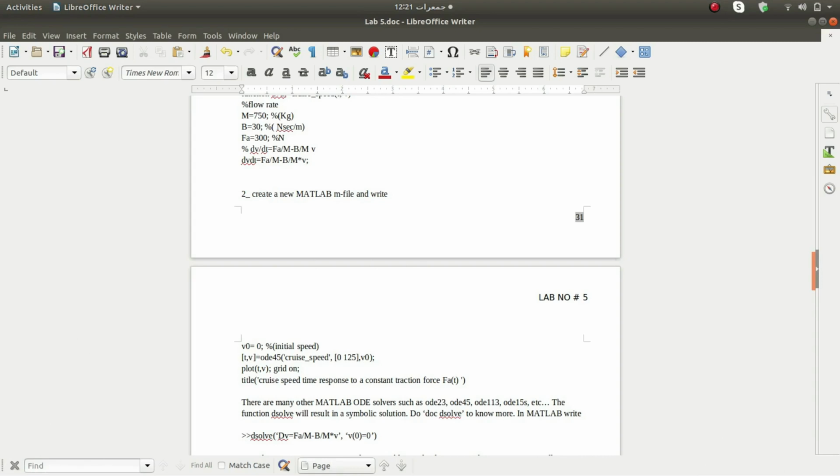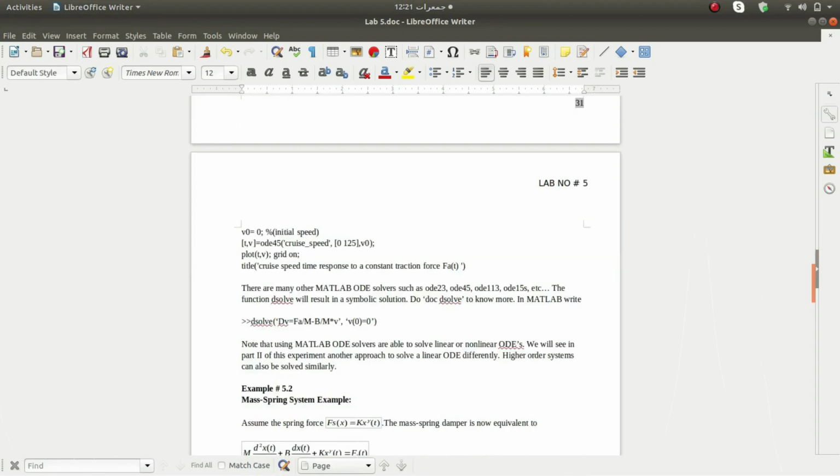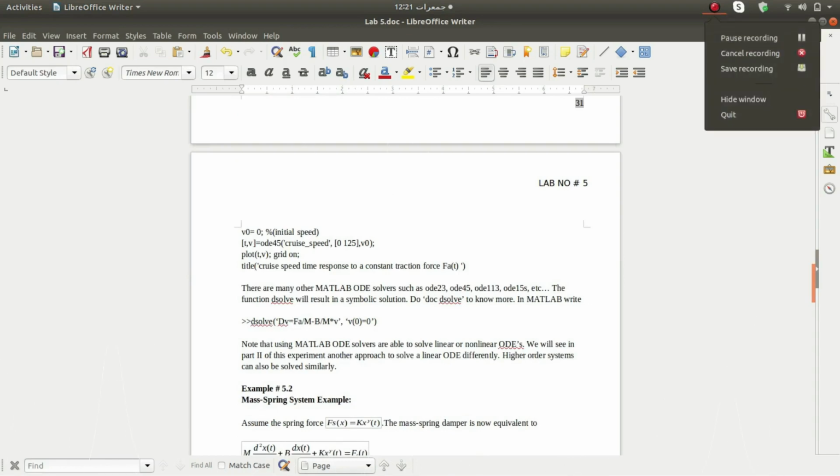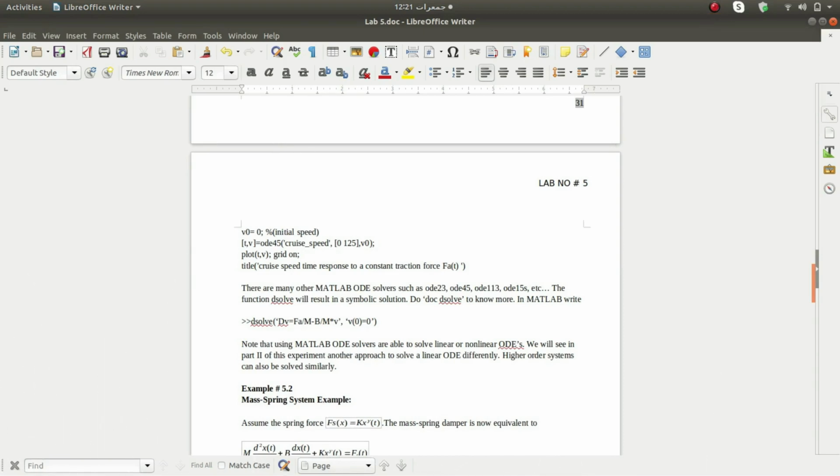Now we are plotting this relationship with respect to time. Grid on basically gives you a graph on the grid, and we have declared the title of our graph. So it will show you the result in graphical format. You can see here we are also using dsolve for the same equation.